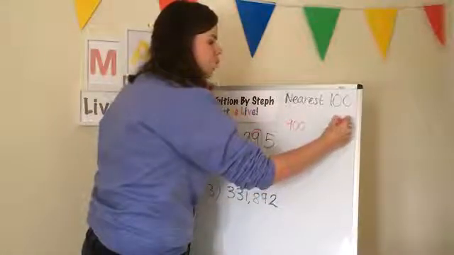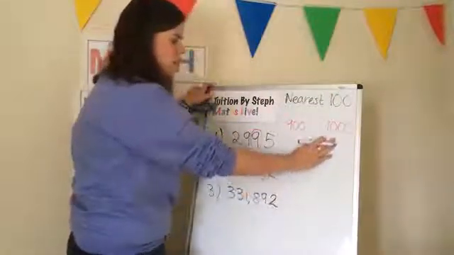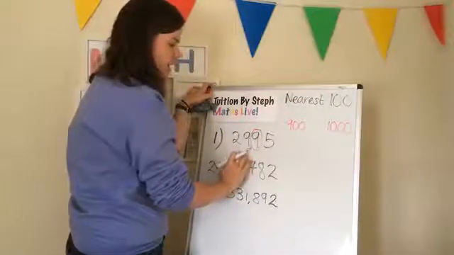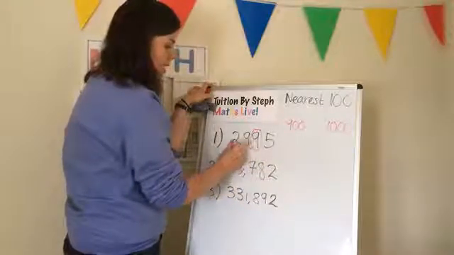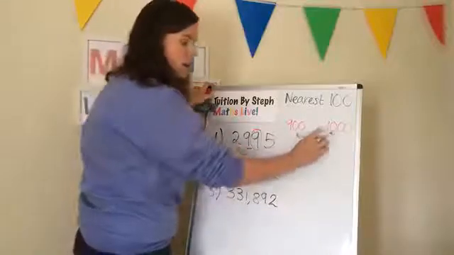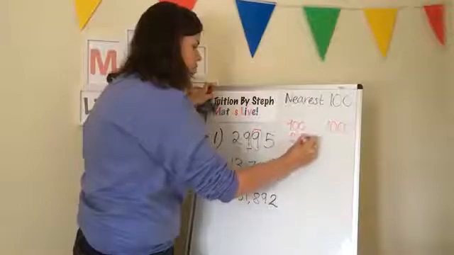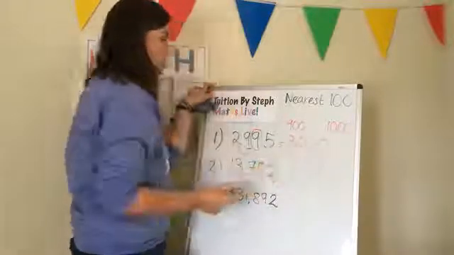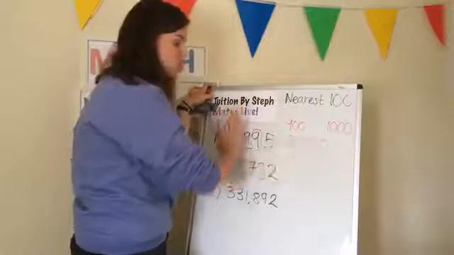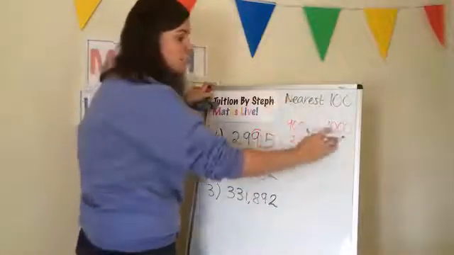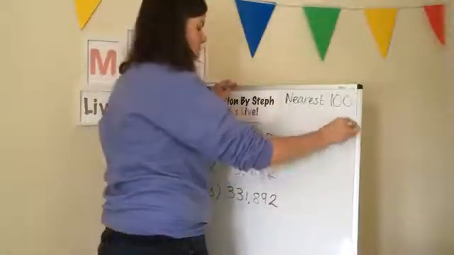It is 1,000. So we have to go into the next 1,000. We think, well, how do I do that? How do I change this so it goes into the next 1,000? Basically, we're now in here, and now the 2 becomes the next 1,000 along. So 2,995 to the nearest 100 is 3,000, because it's budging the hundreds up and interrupting the thousands column. Okay, those are the trickier ones.